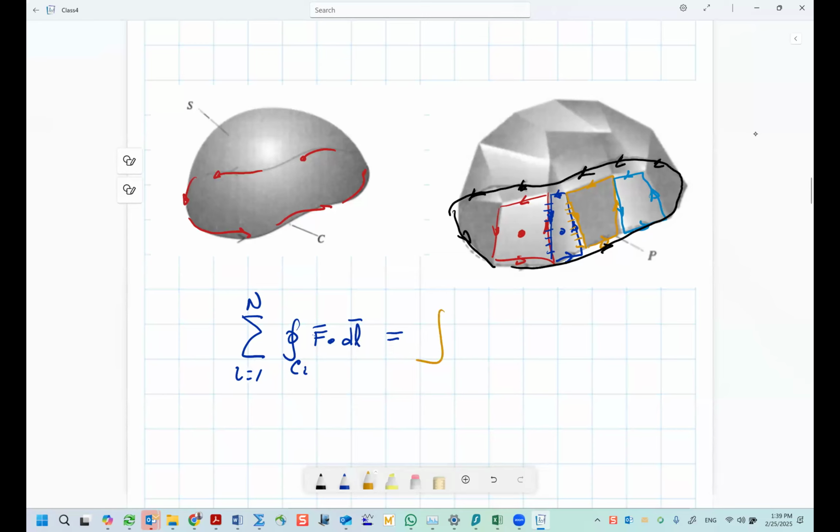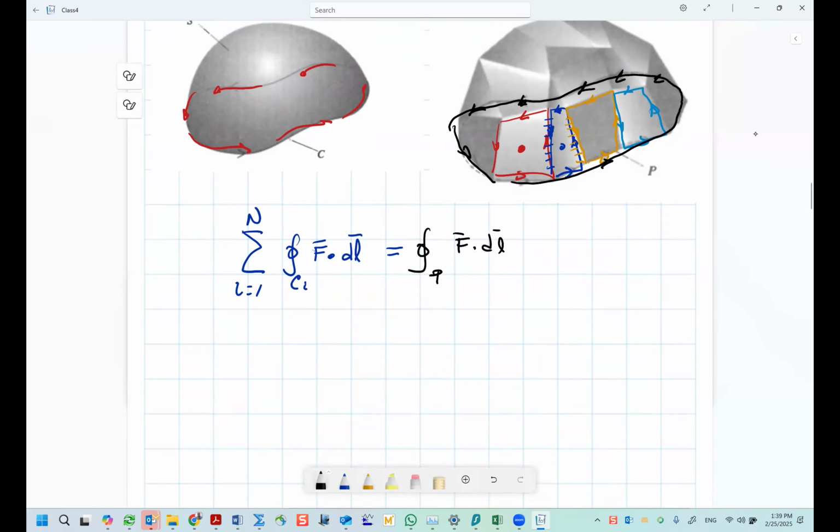So then you say the closed integral over the perimeter of that surface of F dot dl is equal to the sum of these things, right? Then the way I can do it is I divide all this by this surface, and then take the limit.